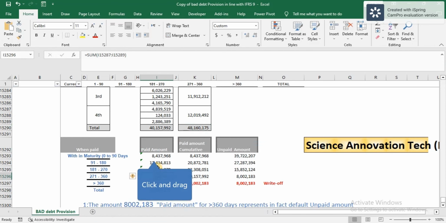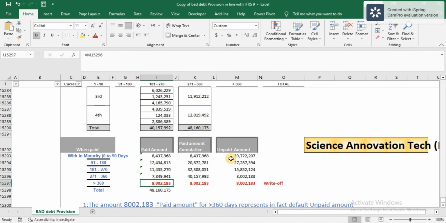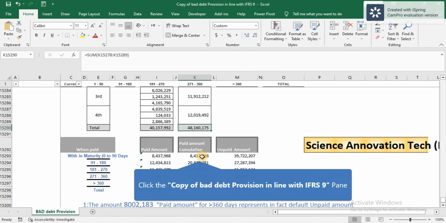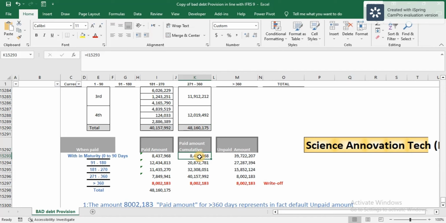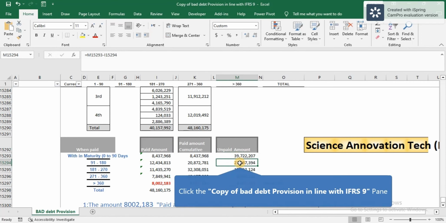These are the collections from here to here, and below is the write-off. How does this write-off come about? We need to subtract from the total sale of the year the collection of each bucket of the period. In the first 0 to 30 they collected 8.4 million, so I will subtract this from this, and going onwards I will subtract like this.